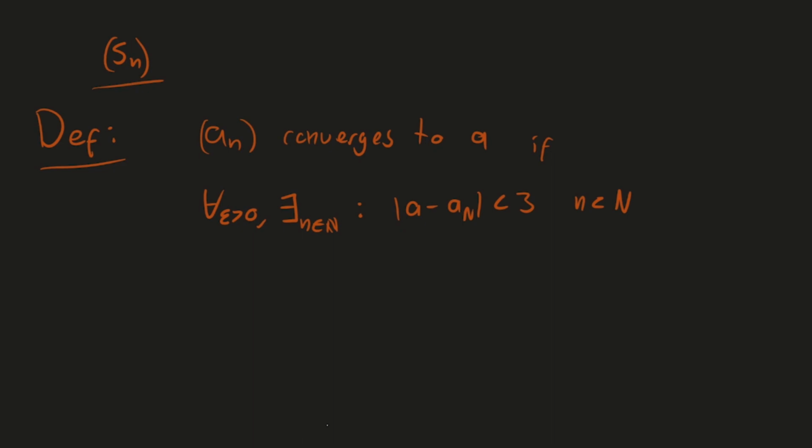So if we draw that out, say we have our number line, and say A1 maybe over here, A2 over here, A3, A4, A5, you get the idea.